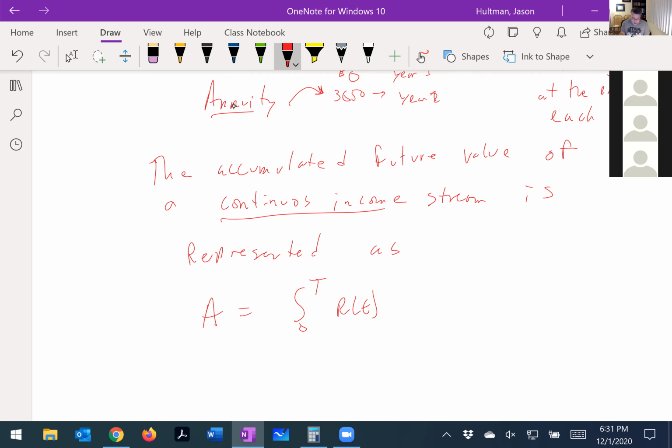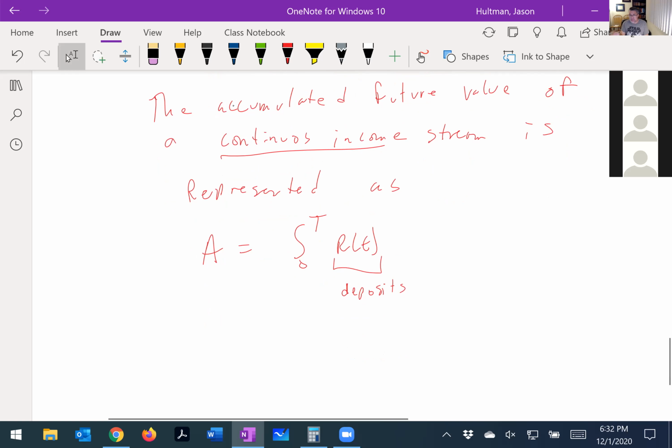That's my function telling me over time how much I'm putting in. These are my deposits. And if all the deposits are the same, then you'll see that this defaults back to something really nice.